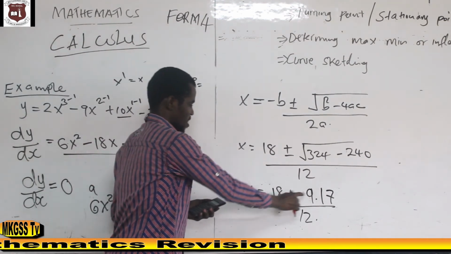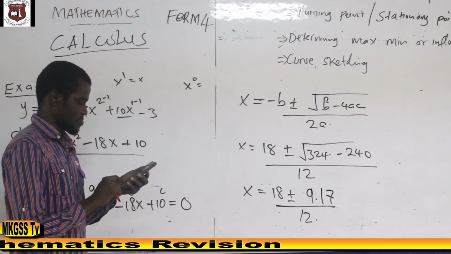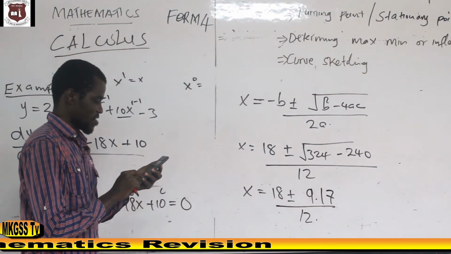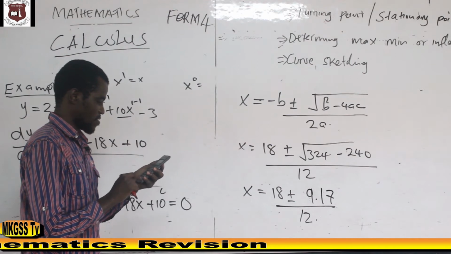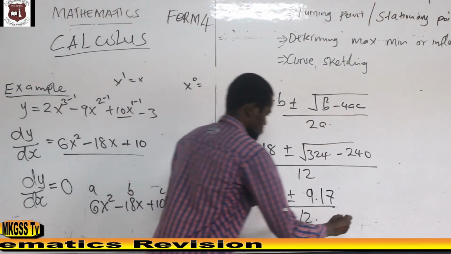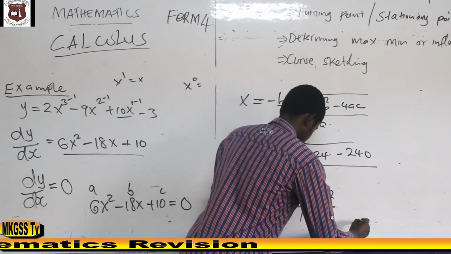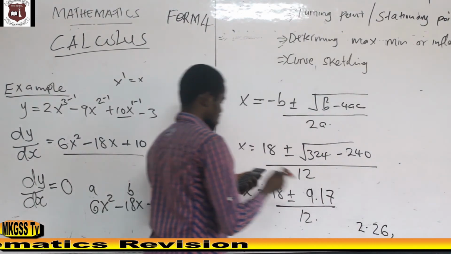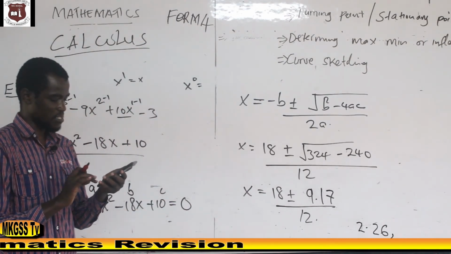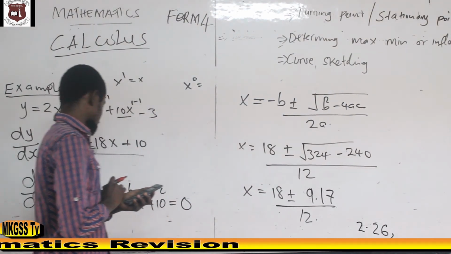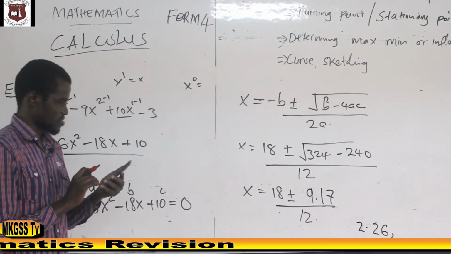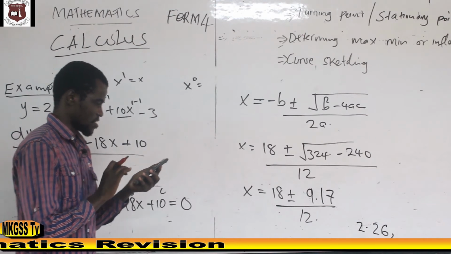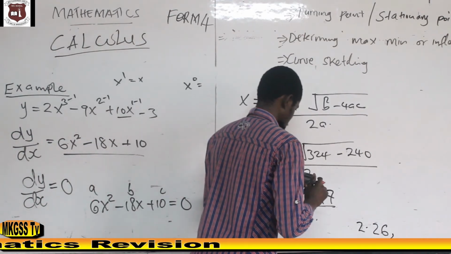So let's start when we are adding. It means 18 plus 9.17, you divide by 12. What do you get? Your first answer will be 2.26. The next answer is gotten when I'm subtracting: 18 minus 9.17.